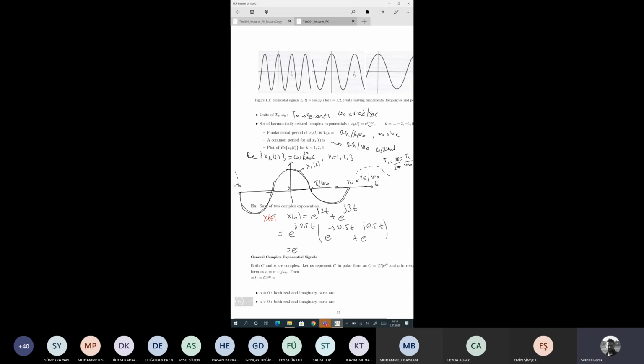This is equal to e to the power j 2.5t times 2 cosine 0.5t, by using Euler's relationship. So this is equal to e to the power j 5 over 2 t times 2 cosine t over 2. In order to obtain this from the previous form, I used Euler's relationship. That's simple.